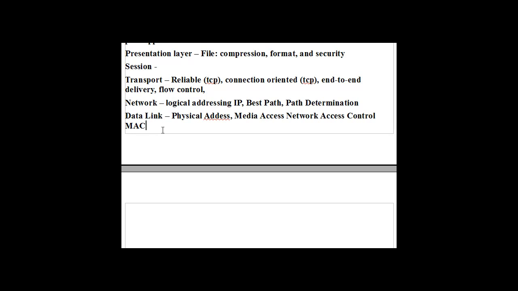This is the layer of frames. If you hear the word frame, you know you're talking about the data link layer. Now, if you're talking about the physical layer, the bottom layer, the words bits, media, medium all identify the physical layer.